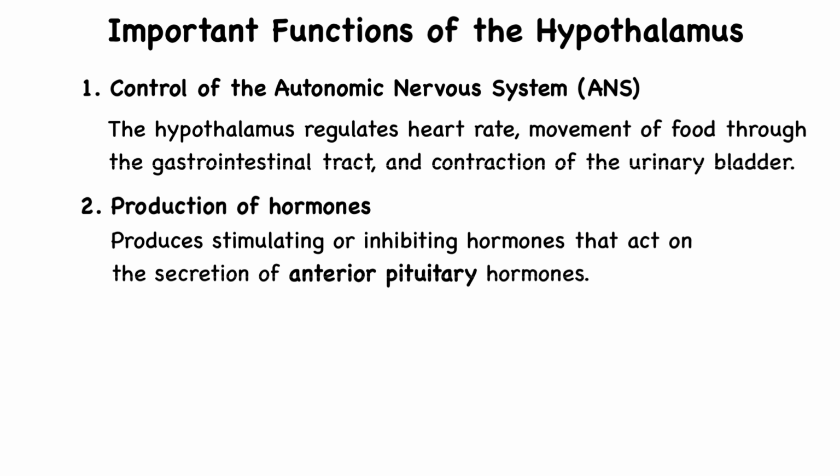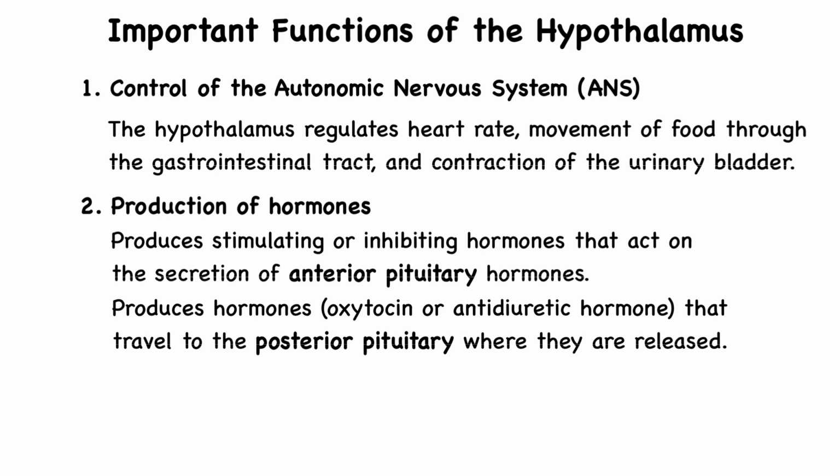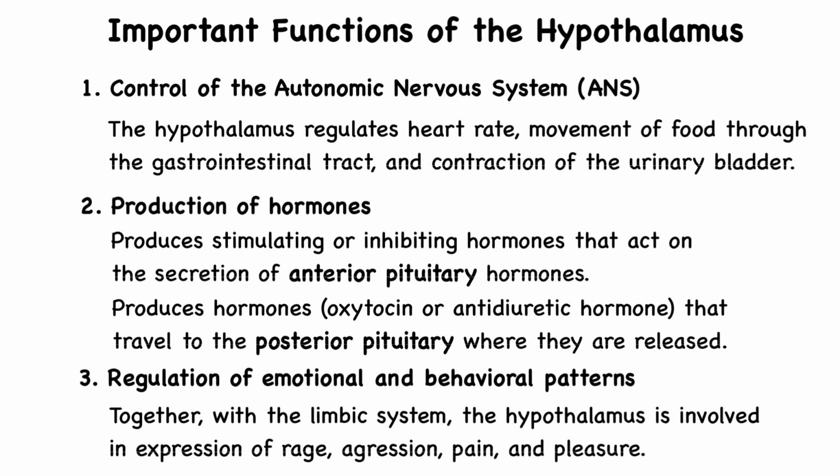The hypothalamus also produces stimulating or inhibiting hormones that act on the secretion of anterior pituitary hormones. The hypothalamus also produces hormones like oxytocin or antidiuretic hormone that travel to the posterior pituitary where they are released. The hypothalamus is also involved in the regulation of emotional and behavioral patterns.